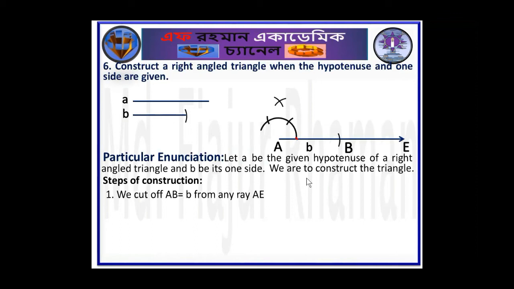It is not necessary to consider the same radius. Then we join A to the point of intersection of these two arcs and extend it.